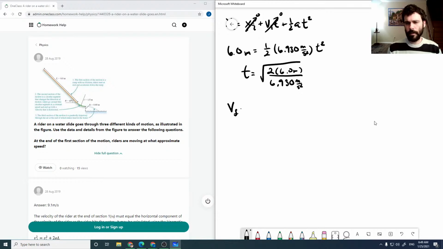And our velocity is our initial velocity plus our acceleration times our time. That's 0. So our velocity final is 6.930 meters per second squared times our time, which is root 2 times 6 meters over 6.930.